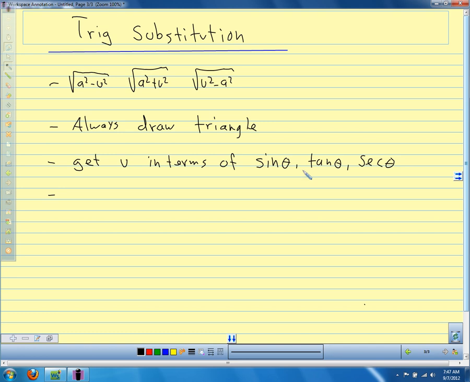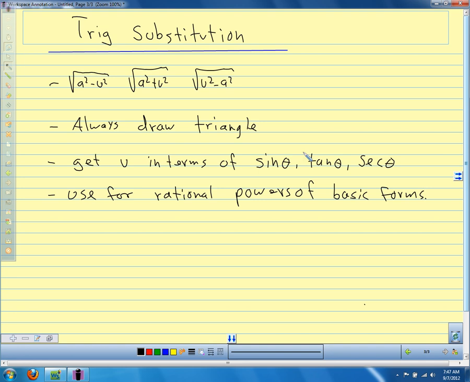And we can also use trig substitution for rational powers that involve these forms, for any rational power. It's easy to forget trig substitution when you have something like u squared minus a squared to the 5 halves.